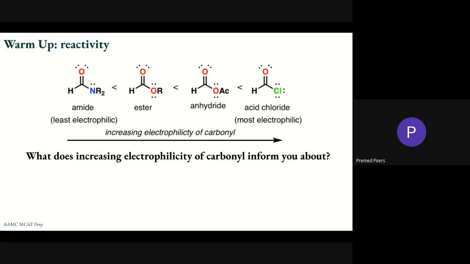That means that in all nucleophilic substitution, it is necessary for the group to be able to leave whatever they're connected to on the carbonyl carbon. So what is telling you here in terms of the electrophilicity is also indicative of how well they are able to leave that carbonyl carbon.